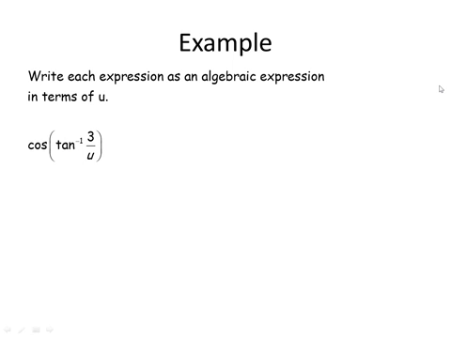Okay? Same thing. We have tangent of y. Tangent of y is equal to 3 over u. What does tangent mean? So you have 3 over u, right? Let's figure out the hypotenuse.